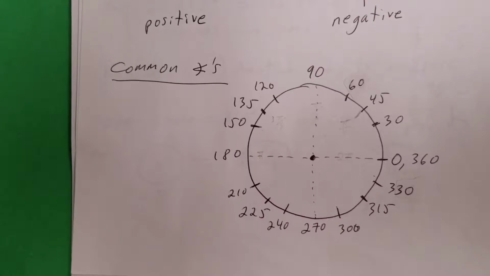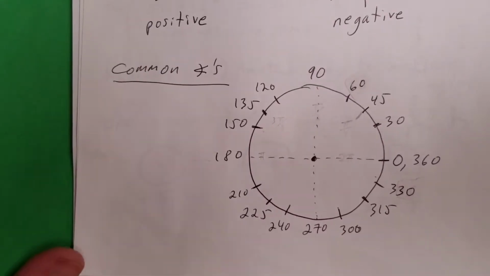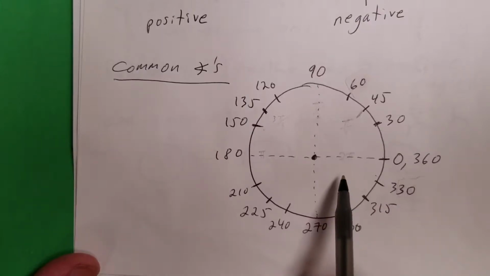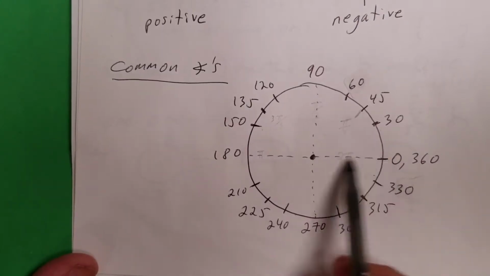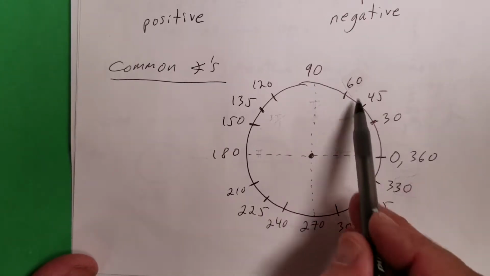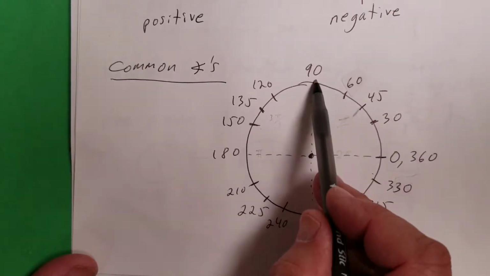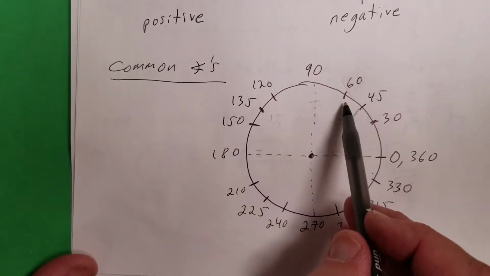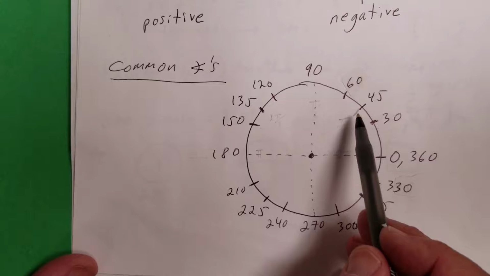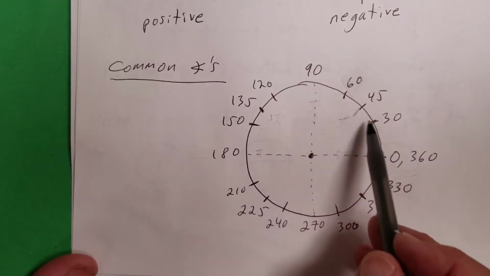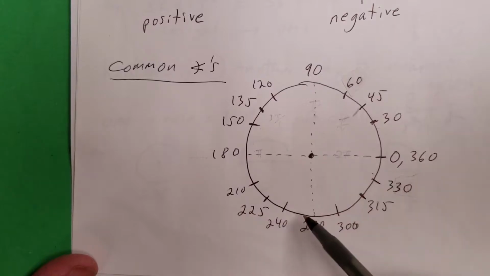Remember when we did the special triangles, 30, 60, 45? This is it. So, you know this one. If we start at 0, this would be 30, 45, 60, and then 90. But if we can do 30, 45, 60, then we can do those angles in the other quadrants also.